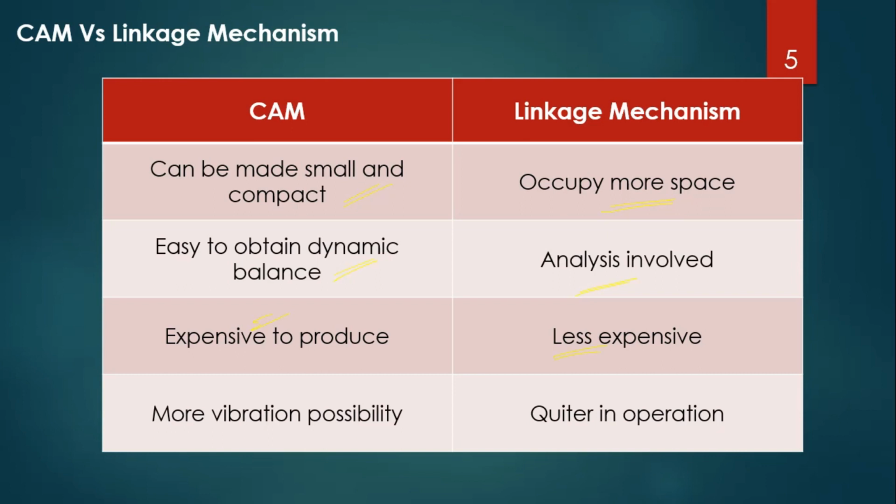Moreover, for a cam more vibration is possible, whereas a linkage mechanism is quiet in operation. Moreover, the cam is subjected to surface wear and fatigue, right? Whereas for a linkage mechanism, joint wear is non-critical and operation is quiet, right? So this is a simple comparison between cam and linkage mechanisms.